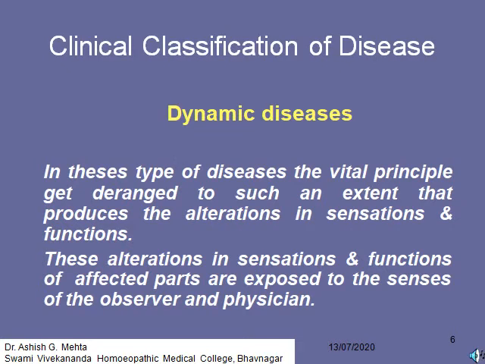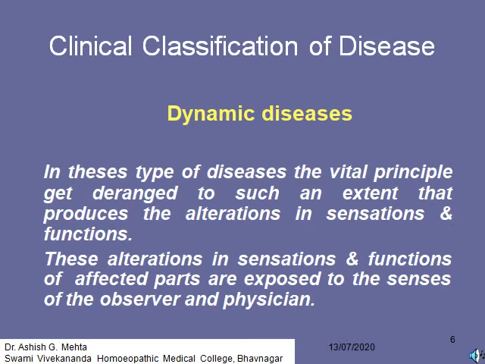Now we will learn about the dynamic disease or disease proper. In this type of disease, the vital principle gets deranged to such an extent that it produces alteration in sensation and functions, and it may terminate in ultimate structural changes.